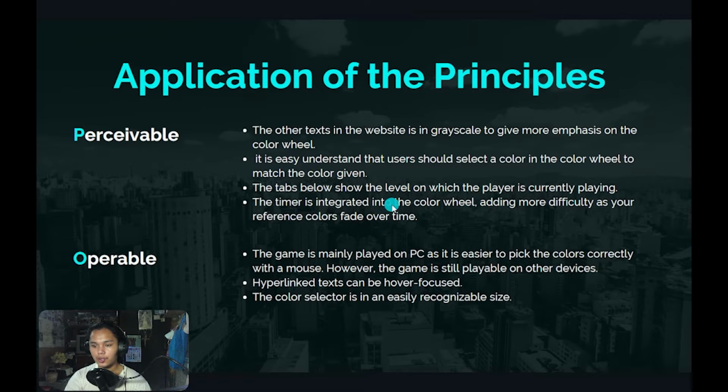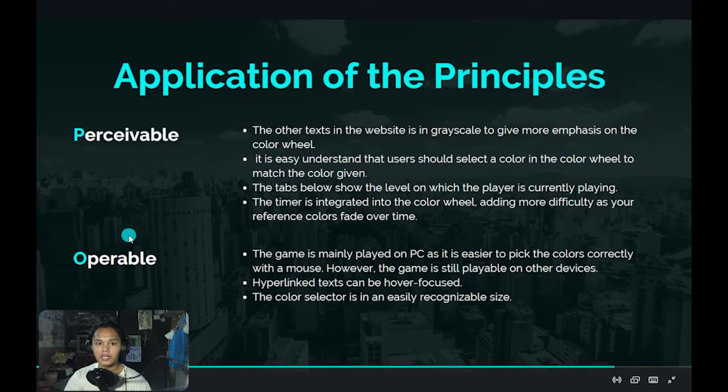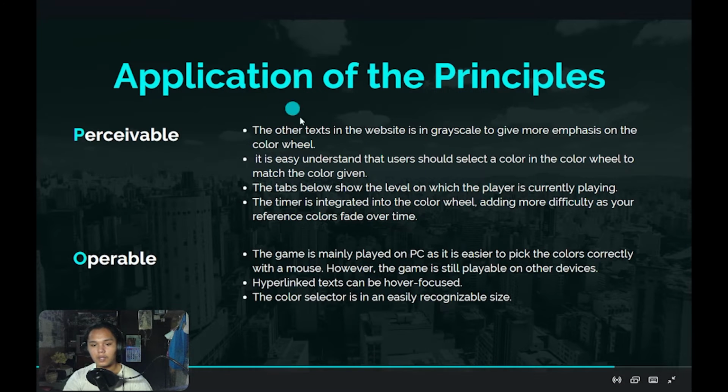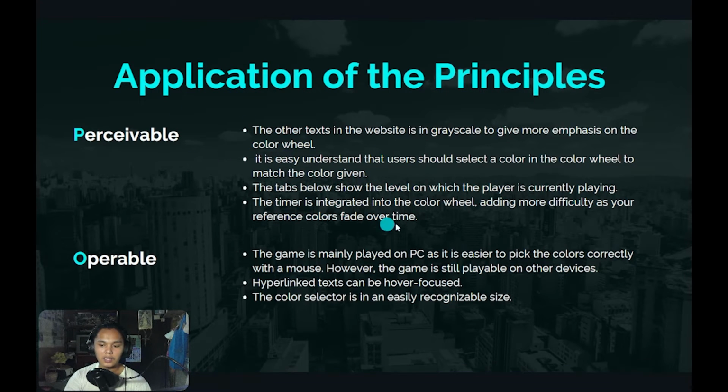The tabs below show the level on which the player is currently playing. As you have noticed earlier, there is a tab below that shows if we are playing the hue level, the saturation level, and so on. The timer is integrated into the color wheel, adding more difficulty as your reference colors fade over time.